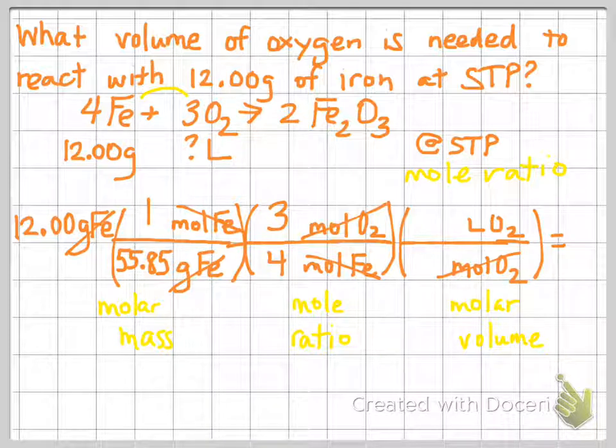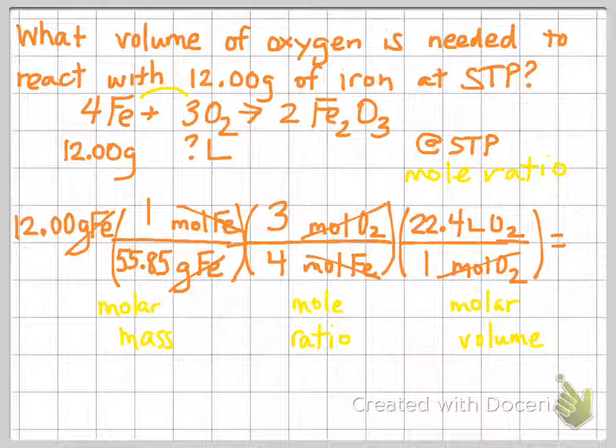Molar volume, again, the easy number is moles, it's 1. And in front of liters, it's 22.4. So again, I have some numbers I need to multiply by. I have some numbers I have to divide by. Okay, remember I'm dividing by things that are in the denominator and I'm multiplying by numbers that are in the numerator.